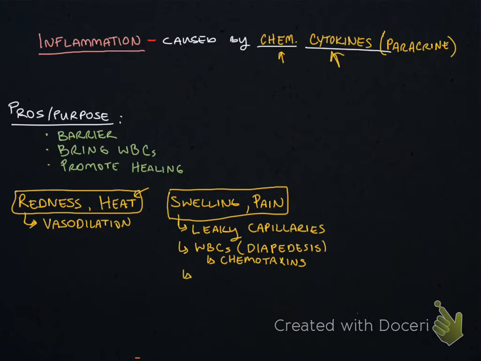The other thing, remember, we have these leaky capillaries. Fluid is leaking out of our vessels. And with it, we get leaking of proteins, plasma proteins. And one of those plasma proteins are antibodies.